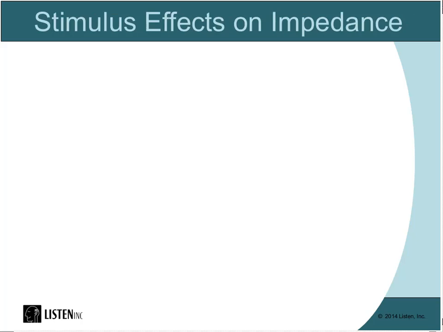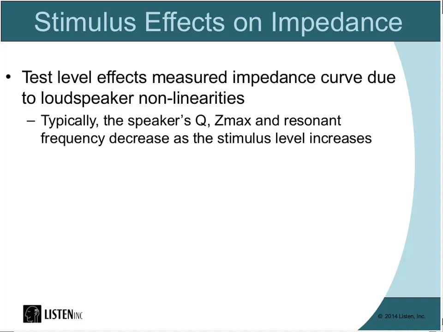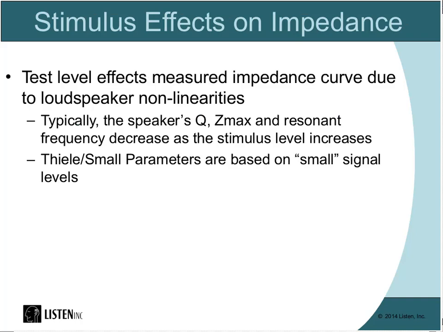So the other important thing to take into account when you're making impedance measurements is what stimulus are you using? And not only what type of stimulus, but more importantly, what test level. So when we go to measure the impedance, we're actually going to be affecting the dynamic performance of the loudspeaker depending on how much voltage we put into it, how much energy.